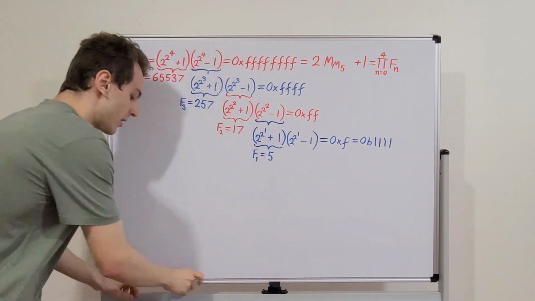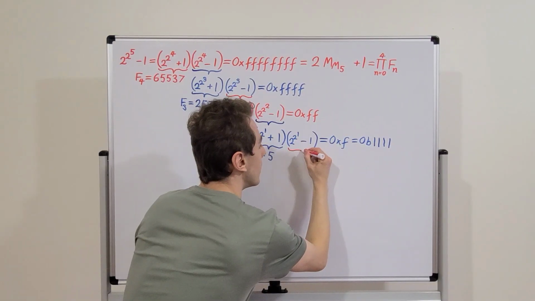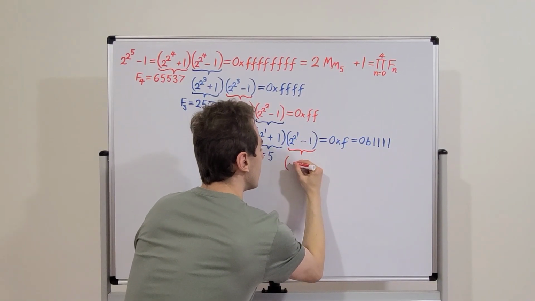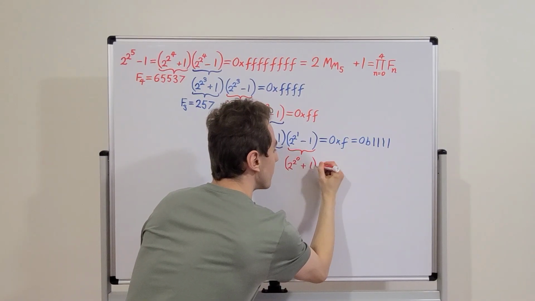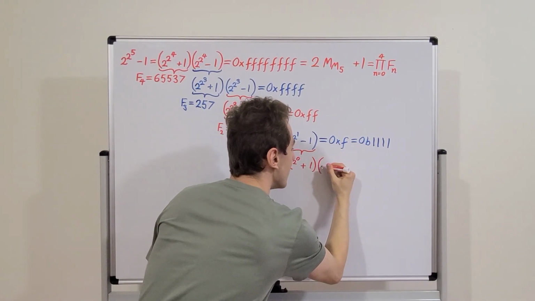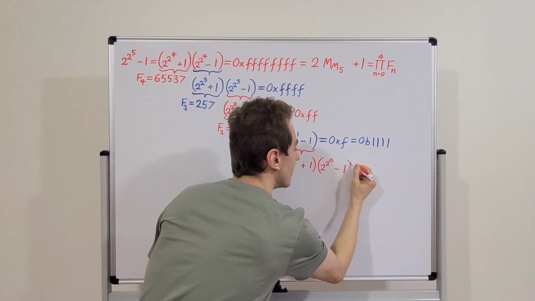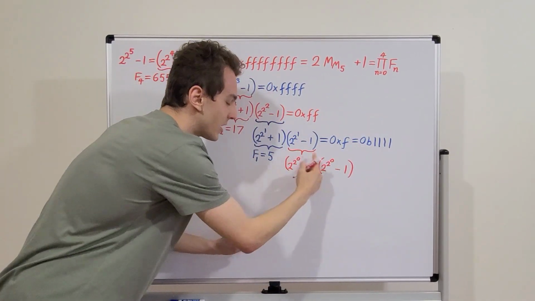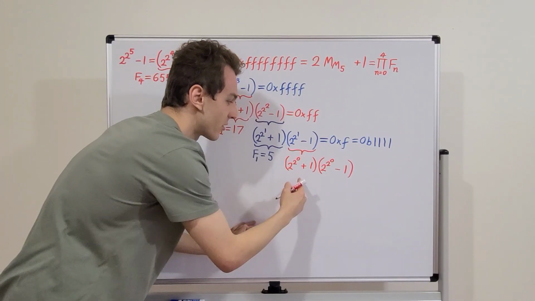And let's repeat this procedure one more time. So let's break this up into 2 to the power of 2 to the power of 0, plus 1, times 2 to the power of 2 to the power of 0, minus 1. So this value over here is 2 plus 1, which is 3.